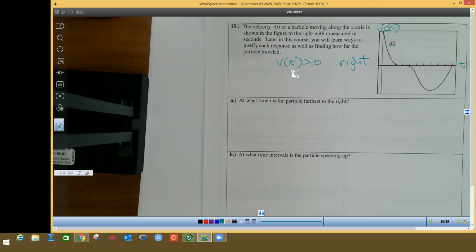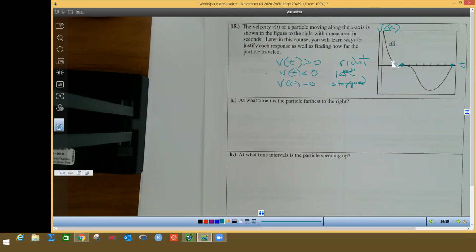Greater than 0, positive. What's velocity when it's moving to the left? Negative. And what's velocity when it's not moving? Velocity equals 0 is stopped. Where's this object stopped? Remember, this is velocity. Right here. And right there it stopped.